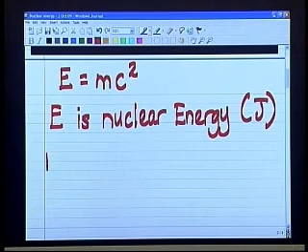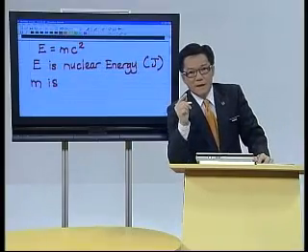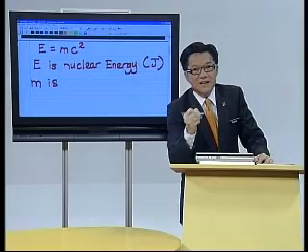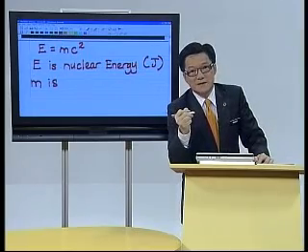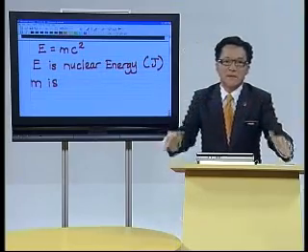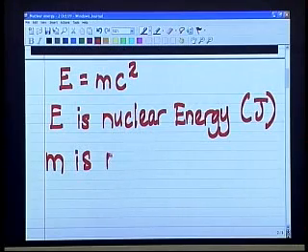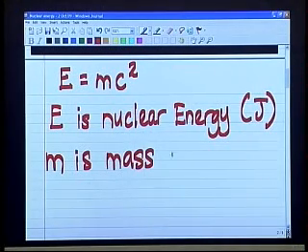And what is m? Many students think that m is mass. And if you write it down as mass, you would have made a mess of it. It's wrong. It is not mass, but mass defect.